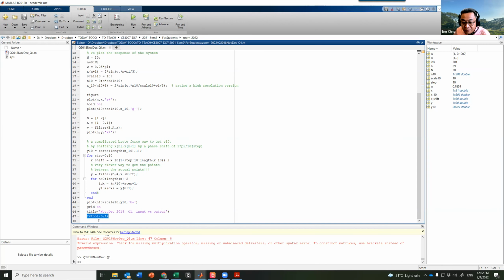I use FVTool. B is the coefficients of the numerator, A is the coefficients of the denominator of H, and that's it. I can then use MATLAB to check all my answers to see if I'm doing it correctly.